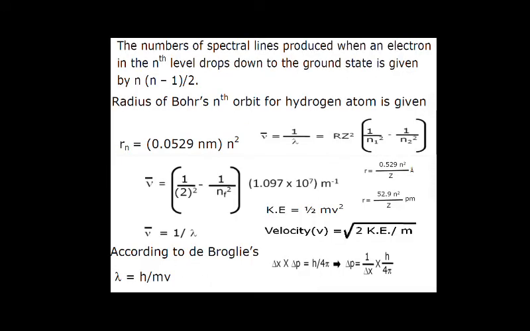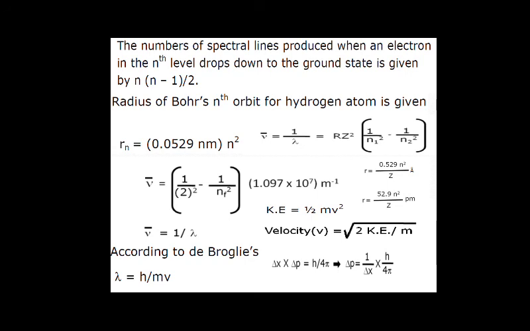So let us see the next formula. This formula is also important. The number of spectral lines produced when an electron in the nth level drops down to the ground state is given by the formula n into n minus 1 over 2. This formula we will use to calculate the number of spectral lines. Like in the hydrogen spectrum, you must remember there were Lyman series, Balmer series, Paschen, Brackett, Pfund series. Those series were having certain numbers of spectral lines.